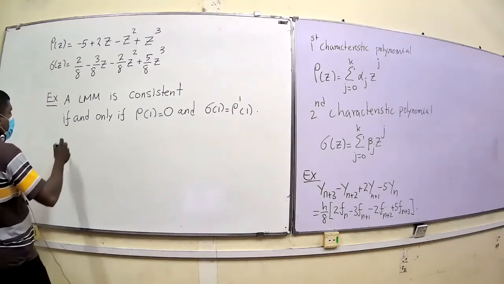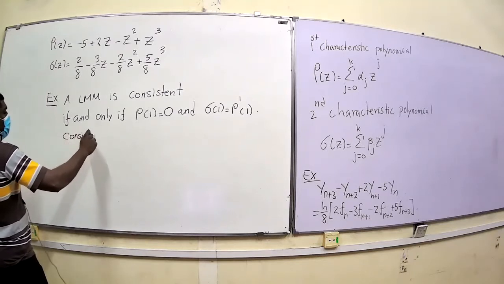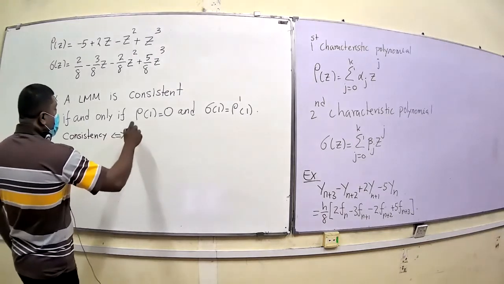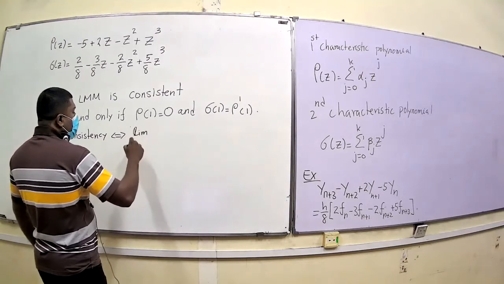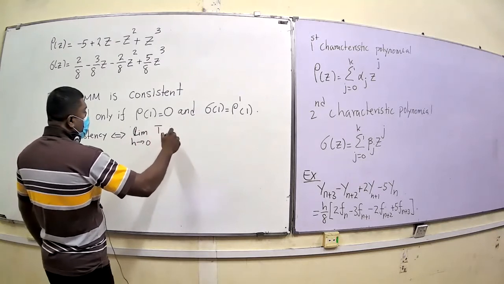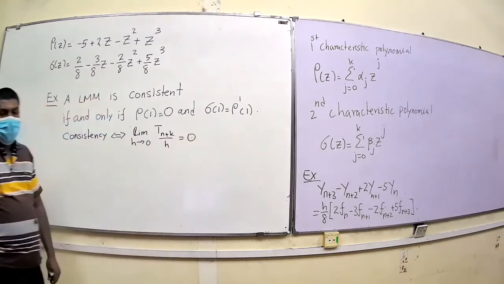You know that consistency holds if and only if the limit as h goes to 0 of tn plus k over h is equal to 0.